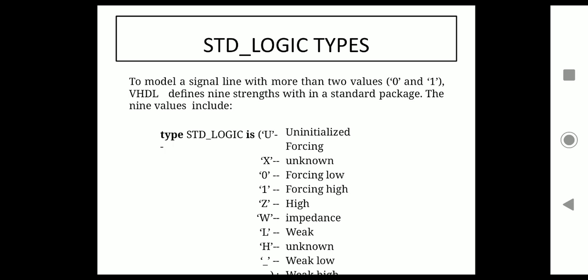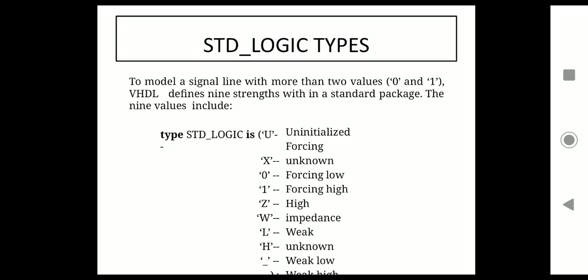To model a signal line with more than the two values, that means 0 and 1, VHDL defines 9 strengths, and in the standard package the 9 values are included. Remember, VHDL is 9 valued logic, and those 9 values are included in this standard logic type, which is defined in the standard package.